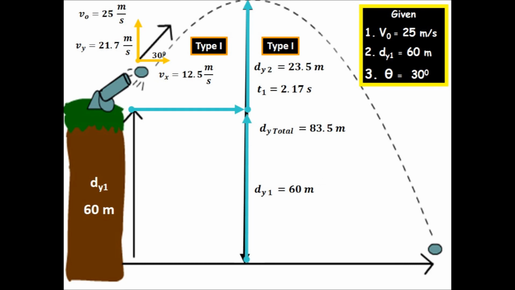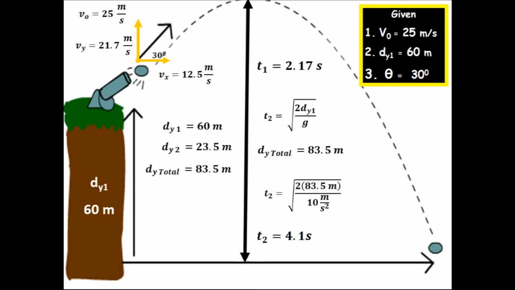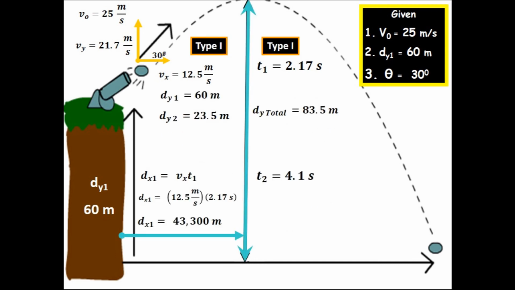Now, determining how long it takes from dy max down to the ground, you're going to plug that in, and you're going to find that it is going to be approximately 4.1 seconds based on the equation. T2 equals the square root of 2 times 83.5 divided by 10. And so now I have T1 and T2.